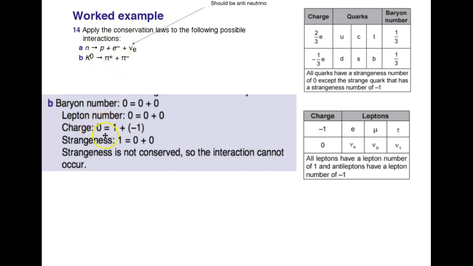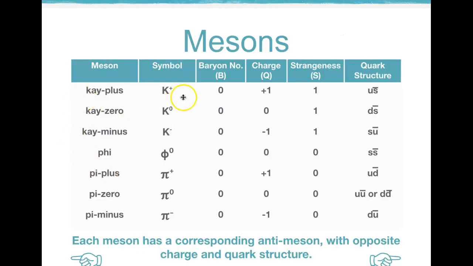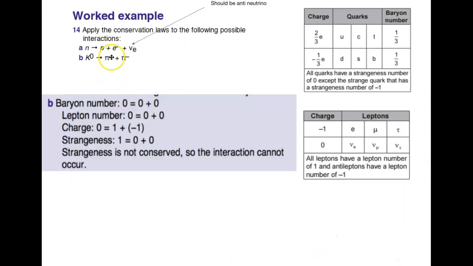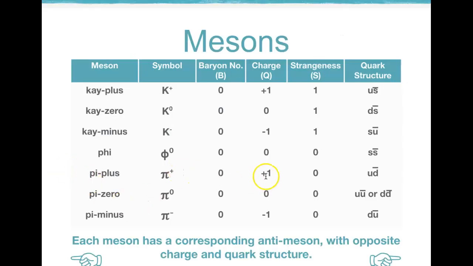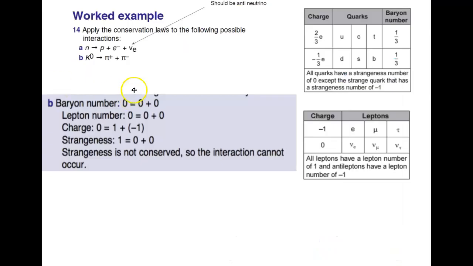And let's have a look at charge. The charge on the K0 is 0. We want a pi plus, which has a charge of +1, and a pi minus, which has a charge of -1. So these balance. We have balanced charge here. Now, strangeness.